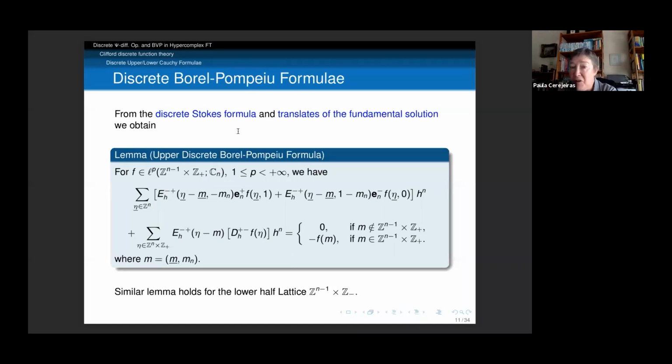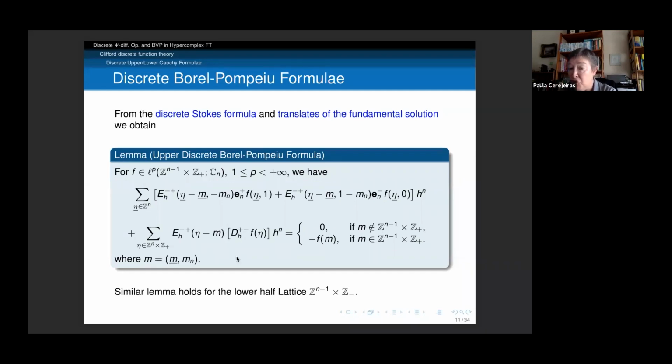But whenever you use the discrete Stokes formula, then what you have is that you always need to have the values in two layers, one at the boundary and one immediately inside the domain. So you have, for the upper half plane, the 0 and the 1 layer are the ones that you need to describe the Cauchy formula.